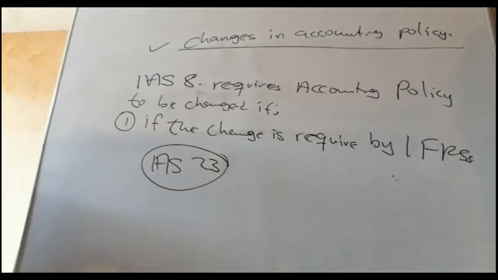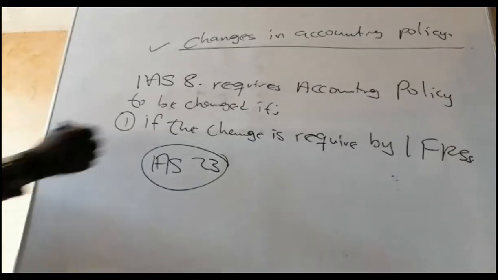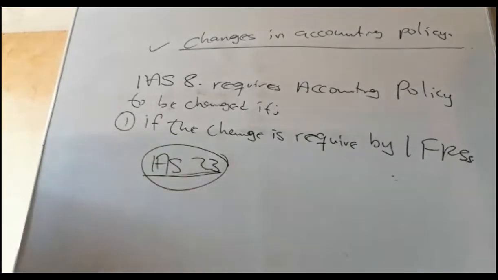Those are eligible for capitalization. So it means that to an entity where before IAS 23, you were expensing all your borrowing costs on qualifying assets, after IAS 23, you have to change that policy from writing off the borrowing costs against P&L towards capitalization of the borrowing costs. So this change is required by IFRS.